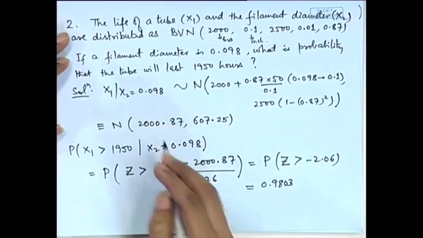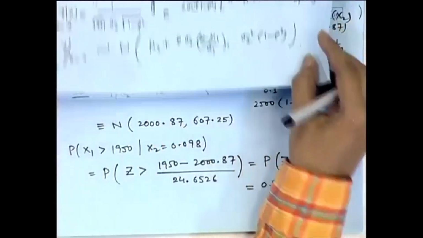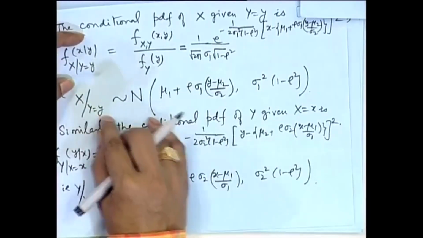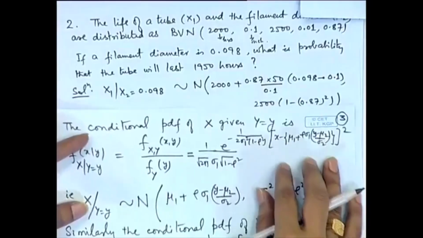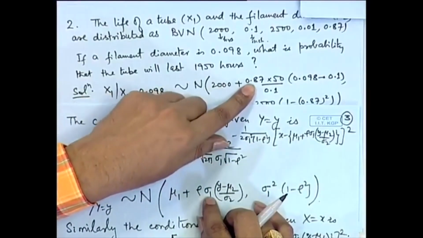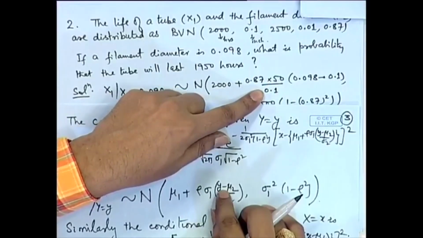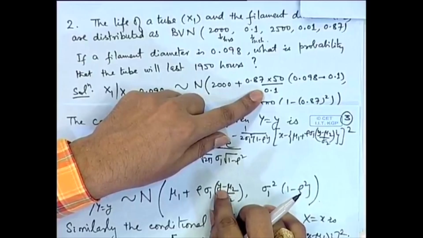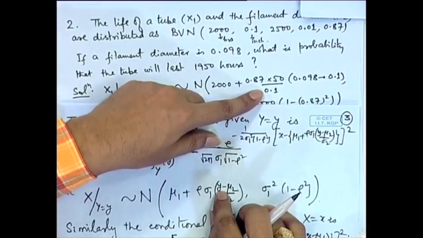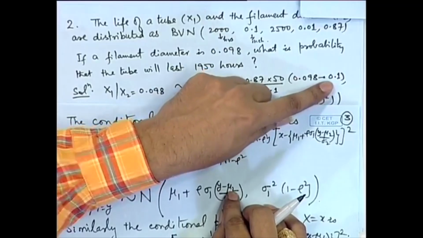So, we make use of the formula for the conditional distribution of x given y here. That is mu 1, that is 2000, plus rho 0.87, sigma 1 is 50 divided by sigma 2 which is 0.1, times (y minus mu 2). Here y is the point at which we are conditioning, that is 0.098, minus mu 2, that is 0.1.